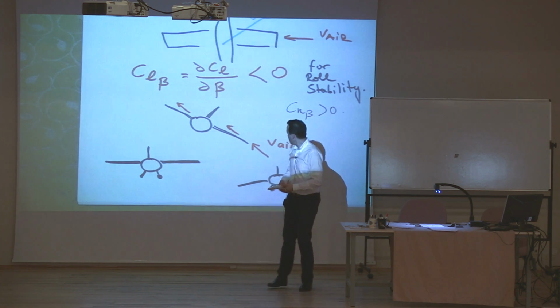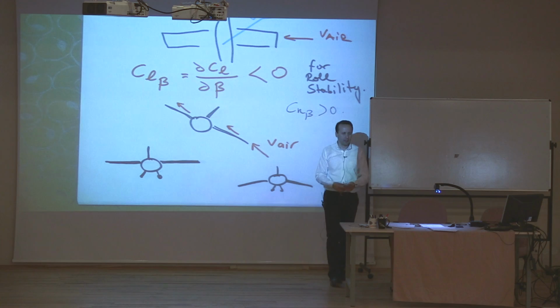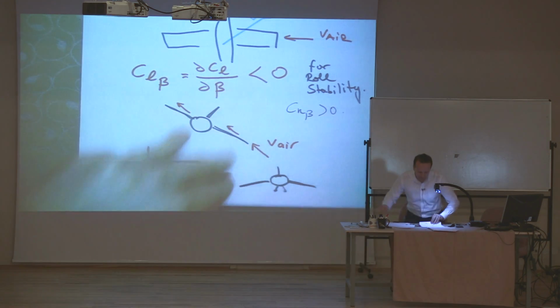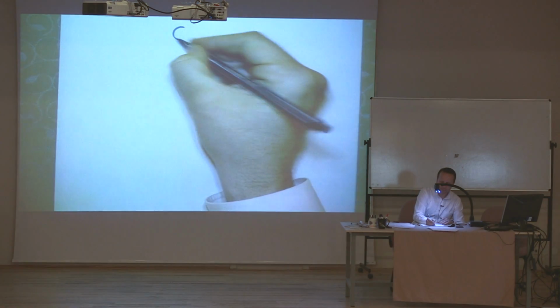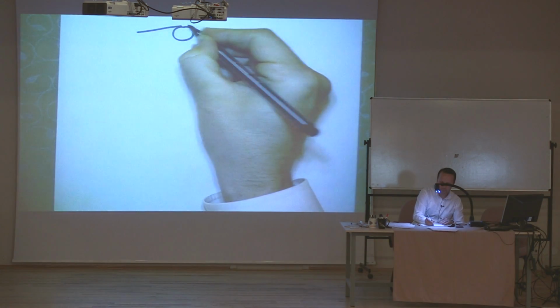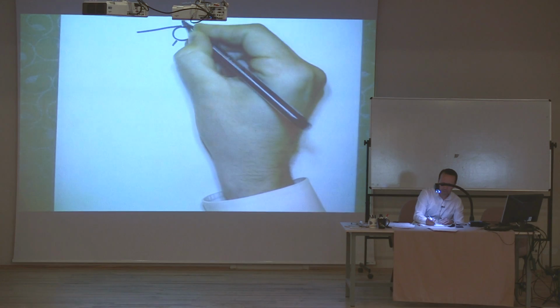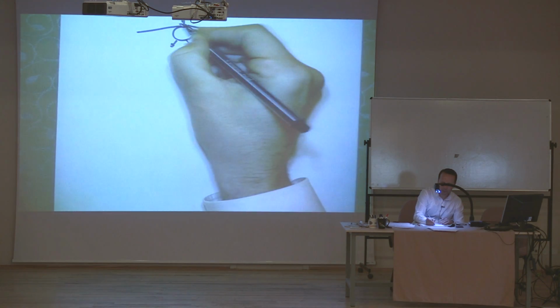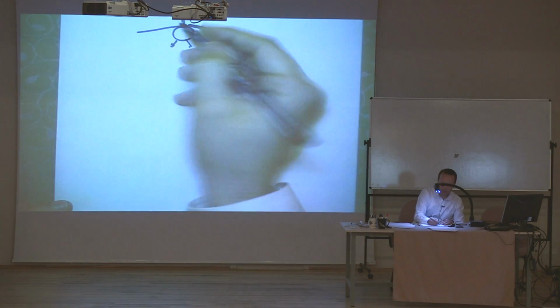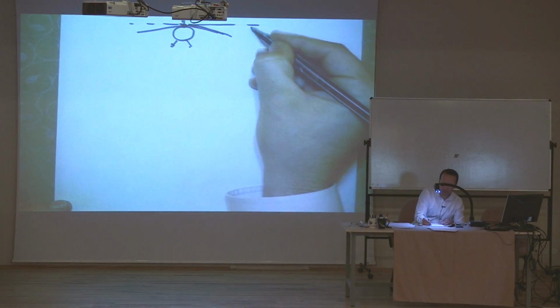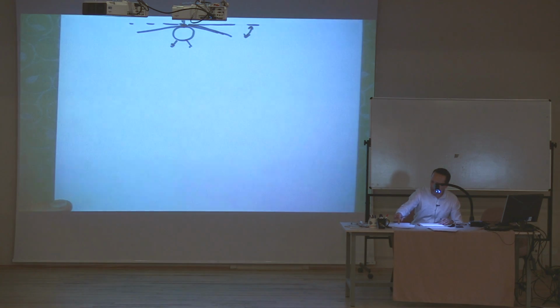Now, this is something you haven't seen much, but you might have seen something like that. Have you seen this kind of airplane? This angle here, we call the anhedral.